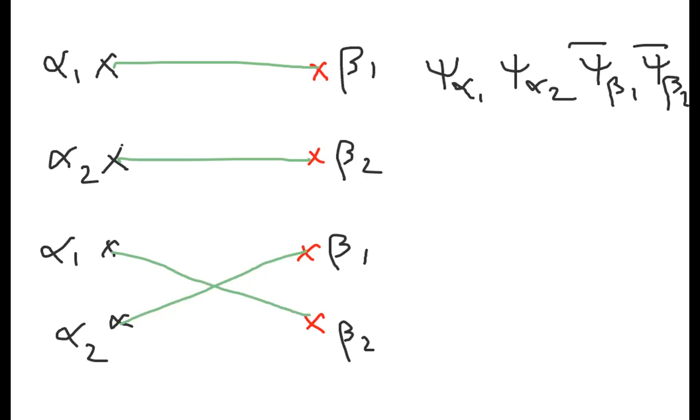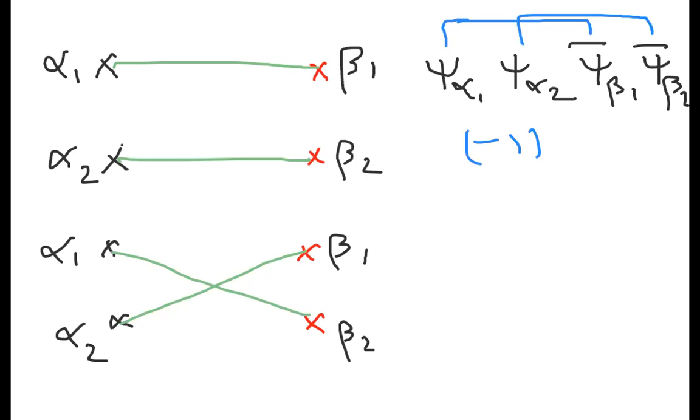When you join alpha 1 to beta 1 and alpha 2 to beta 2, I am drawing alpha 1, beta 1 and alpha 2, beta 2. You see there is one crossing between the two lines. So this gives you -1.